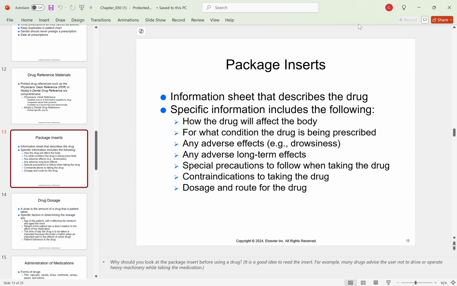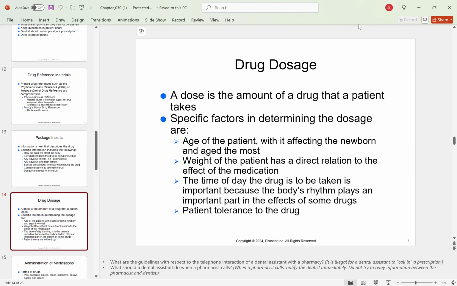We would also have an information sheet that describes the drug and specific information, including how the drug is going to affect the body, what condition the drug is being prescribed for, any adverse effects, any long-term effects, special precautions to follow when taking that drug, contraindications, and dosage and route for the drug.